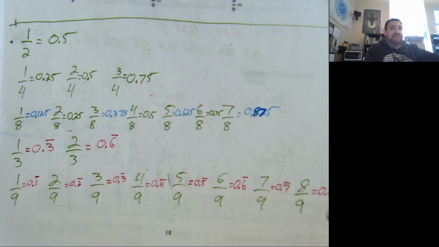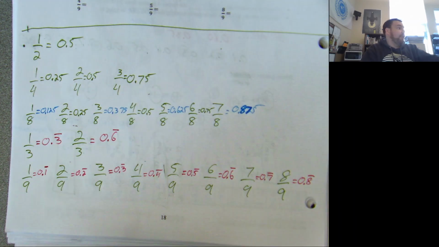And 9/9 is 0.9 repeating, which is equal to 1, which is weird. 0.9 repeating is mathematically equal to 1. Should make you a little uncomfortable. But it does, and it's true.